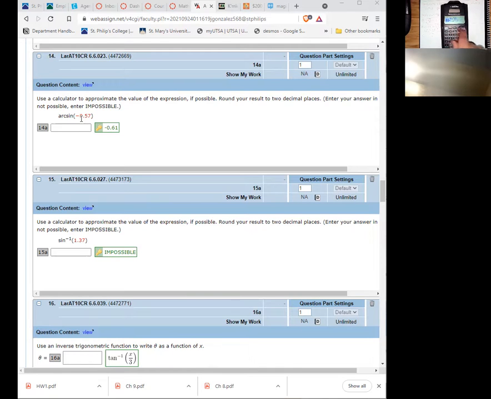If you have a TI, you'd hit second sine on the 84 or 83. On this one, you have to hit sine twice. Once you hit sine twice, you punch in the -0.57. That's about it. You'll get an angle. This is the angle rounded to 2 decimal places. It's -0.61. This one you should see right away. It's impossible because it's bigger than 1, right?